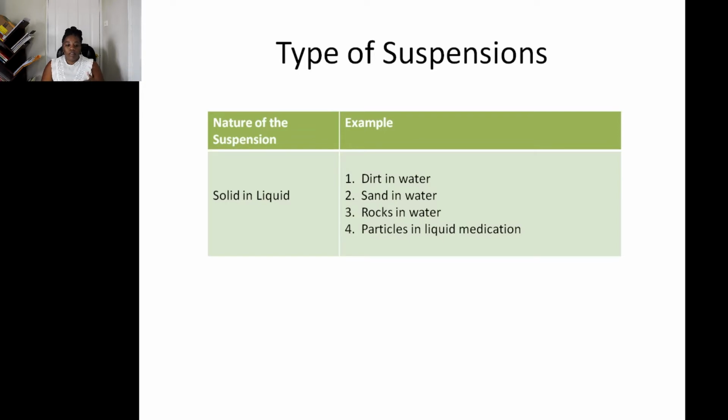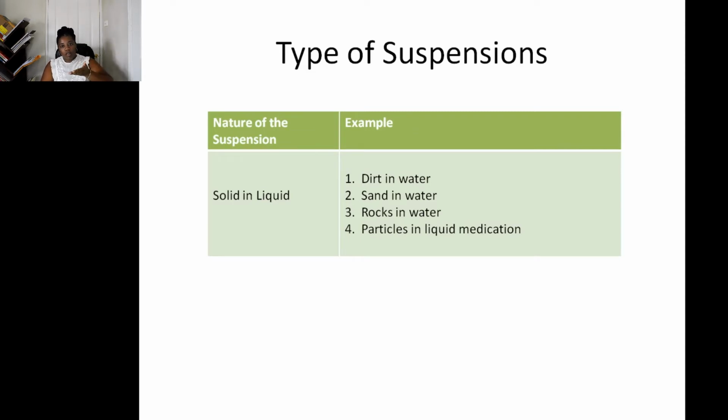Okay, and for this type, the separation technique you would use is filtration, because you would definitely have a solid that settles to the bottom, and that filter paper would be the barrier to stop the solid from moving down into the filtrate that you want to collect, or separate the mixture from.